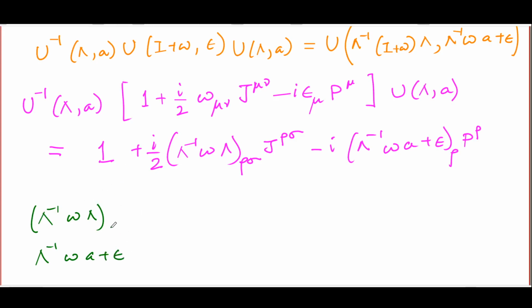Now, we need the lower rho, lower sigma version for this matrix element, but it's easier to start with this one. This is according to the standard rules of matrix multiplication. Lambda inverse's rho mu-th element times omega's mu nu-th element times lambda's nu sigma-th element.